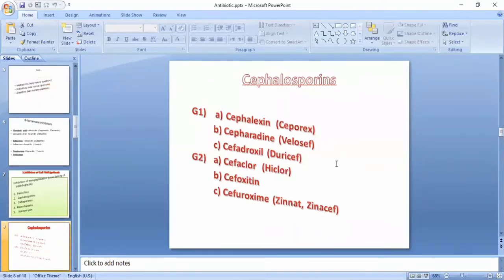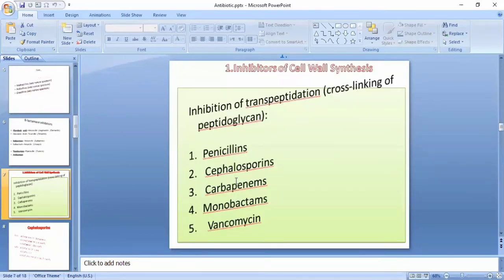Cephalosporins. Again, the cephalosporins also contain the beta lactam ring. Coming back, these cephalosporins, carbapenems, and monobactams contain the beta lactam ring in their structure.